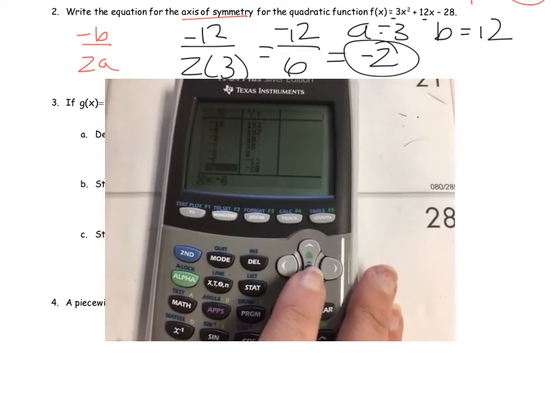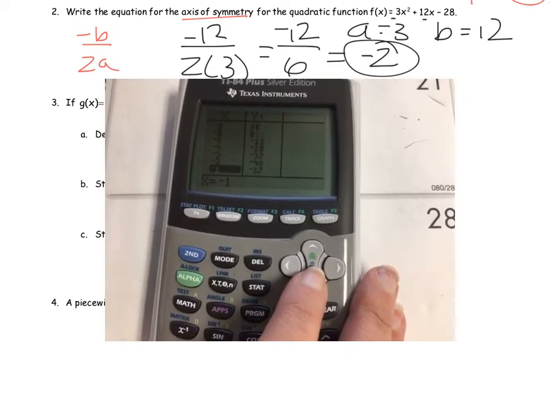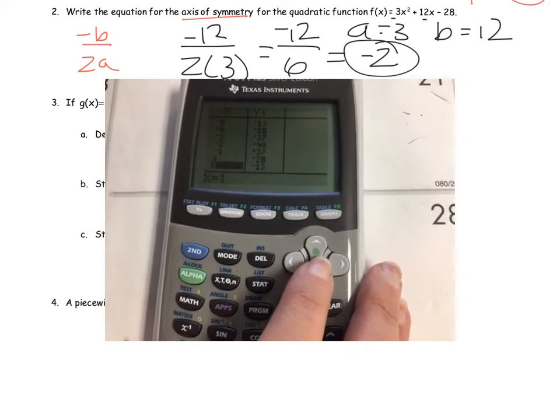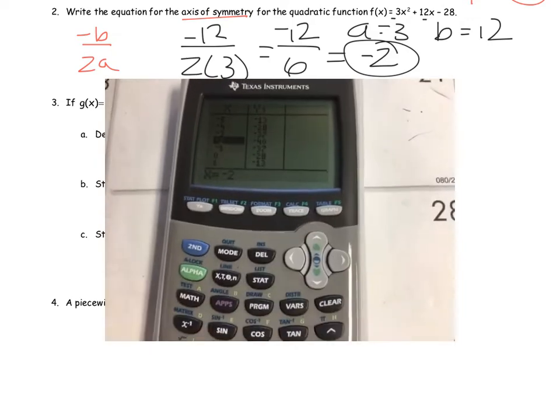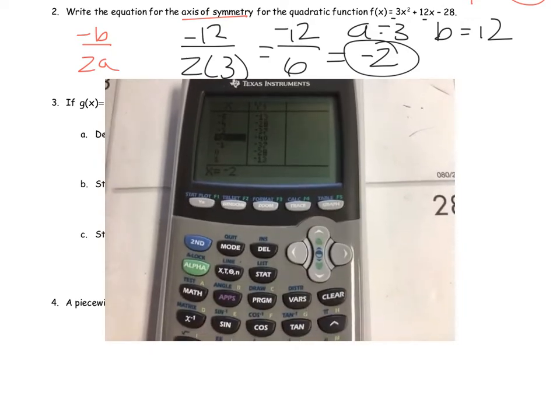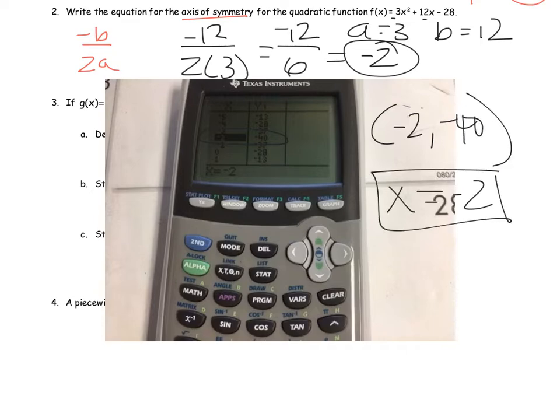Okay, so we see that the middle value right there is negative 2, negative 40. The axis of symmetry is just the x-coordinate of the vertex. So this is your axis of symmetry, x equals negative 2.